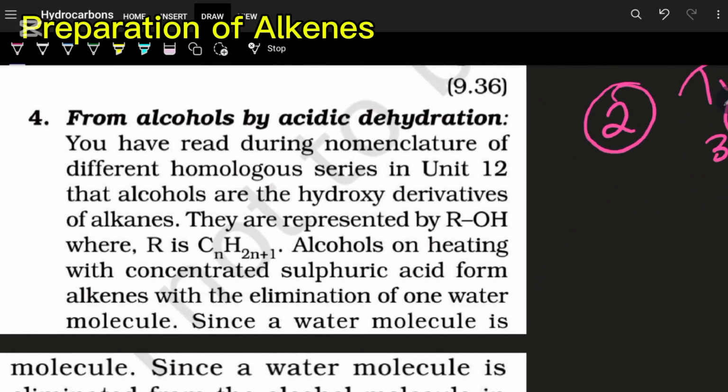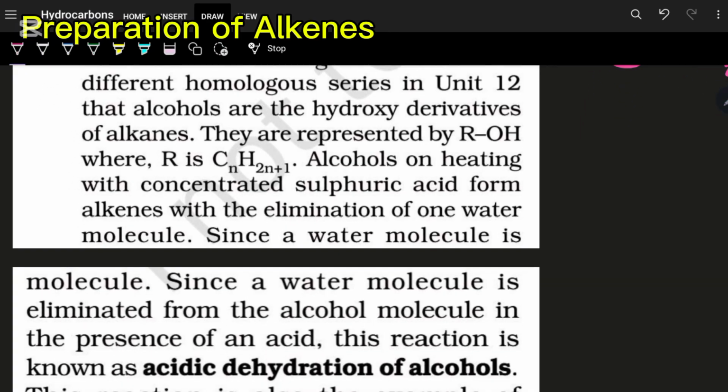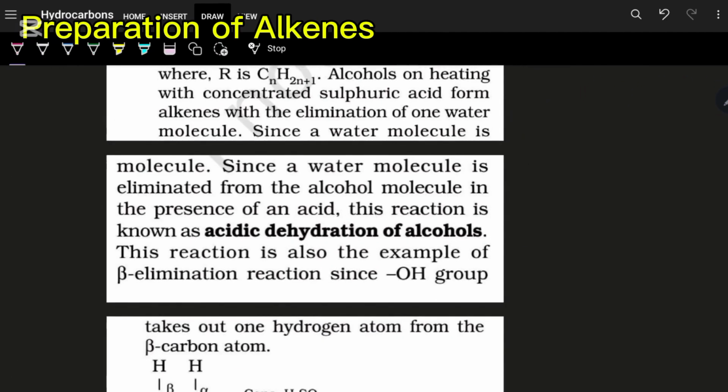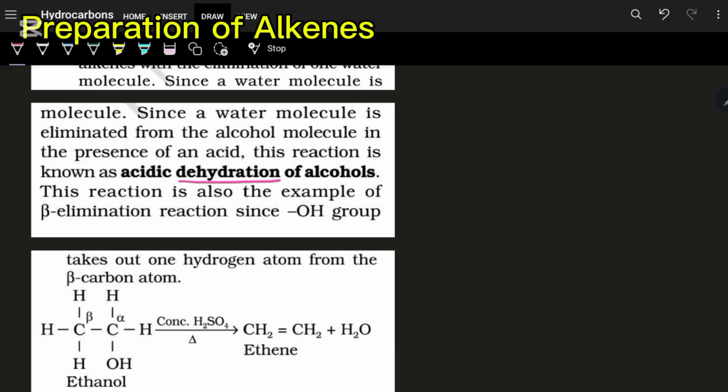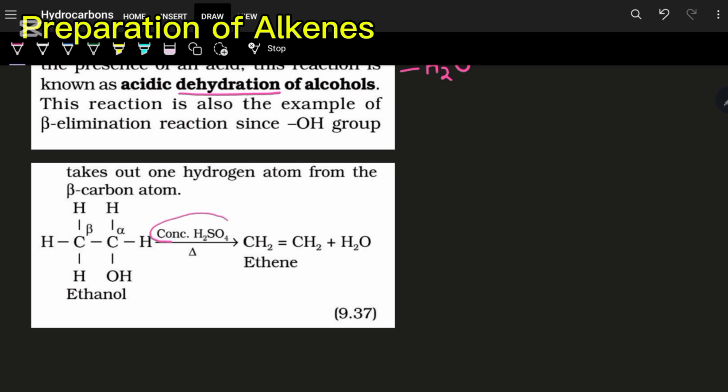Next, from alcohols by acidic dehydration. This is again another important topic of class 12. From alcohols by acidic dehydration means the medium should be acidic in nature, and dehydration means removal of H2O, in presence of concentrated H2SO4 and heat.